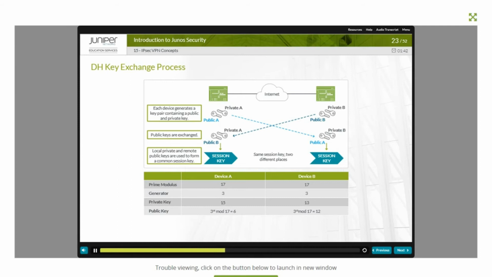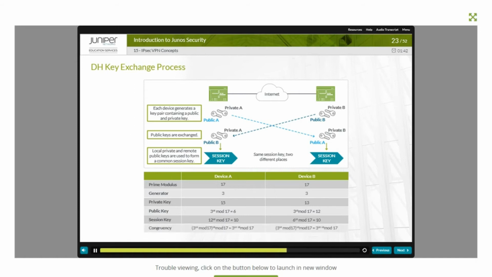B's public key is calculated as 3 power 13 mod 17 equals 12. They each then use a combination of their private key and their peer's public key to arrive at the same answer or shared secret. A calculates 12 power 15 mod 17 equals 10. B calculates 6 power 13 mod 17 equals 10.